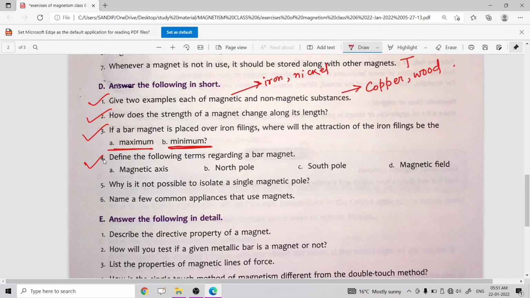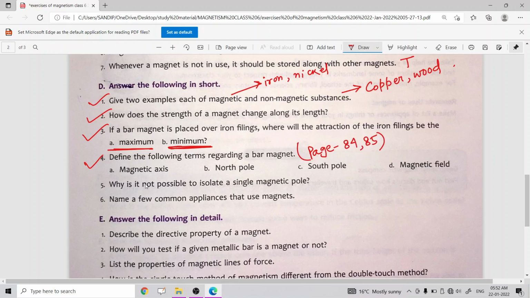For this question, define the following terms regarding a bar magnet. First one is magnetic axis. For this question you can get the answer from your book, page number 84 and 85.